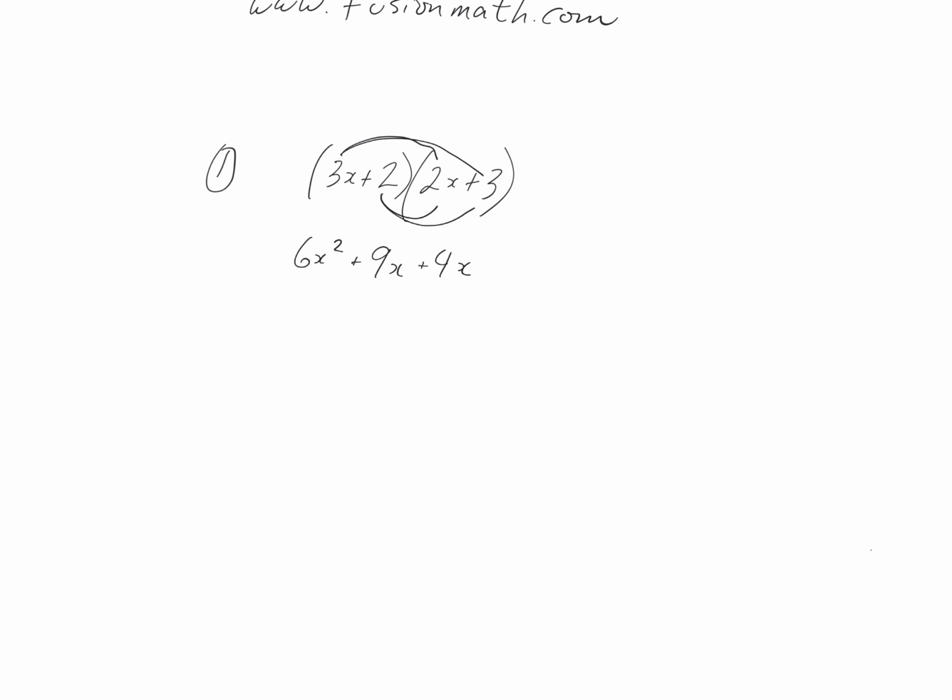And then 2 times 3 is 6. These add up to 13x. And so you can see that the answer is C. 6x squared plus 13x plus 6.